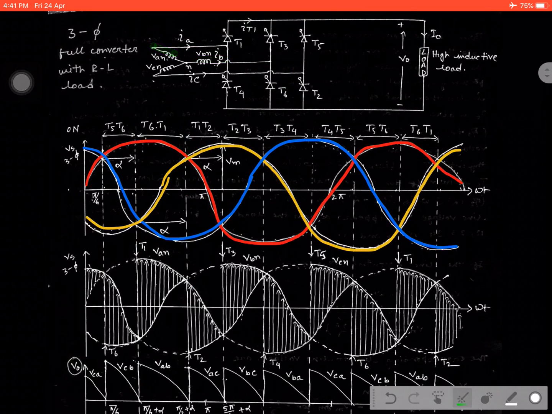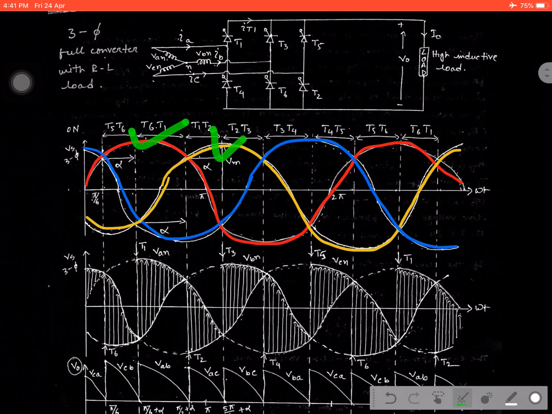Then the switch T6 will be in reverse biasing condition. So immediately that T6 switch will be off or commutated. Then we should apply the next triggering pulse across this one. So in this way we can continue the total operation.